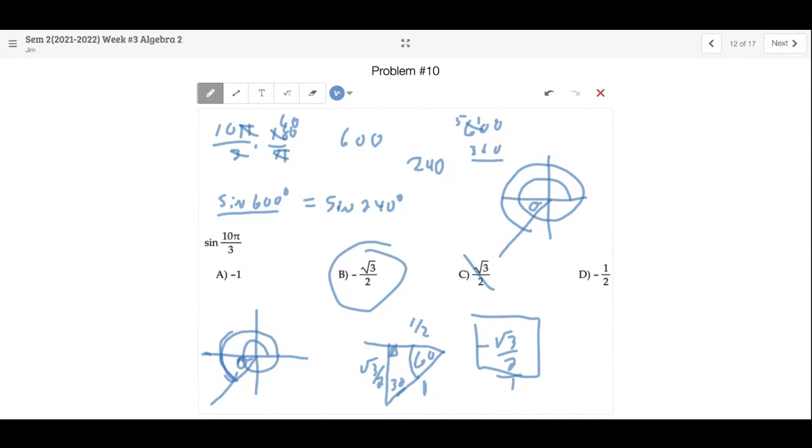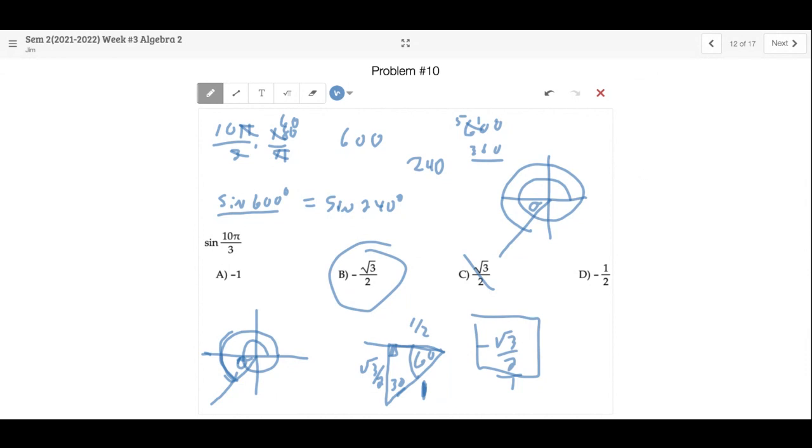And then I just used the 30, 60, 90 degree triangle. Always when we're using the unit circle, our hypotenuse is always 1. So if this is a 30, 60, 90 degree triangle, my hypotenuse is 1, my short leg is 1/2, my long leg is square root of 3/2. Sine of 60 is opposite over hypotenuse. The last thing I had to do is think about, is it positive or negative? Since it's in the third quadrant, it is negative for sine.